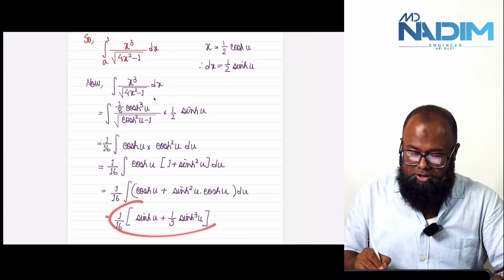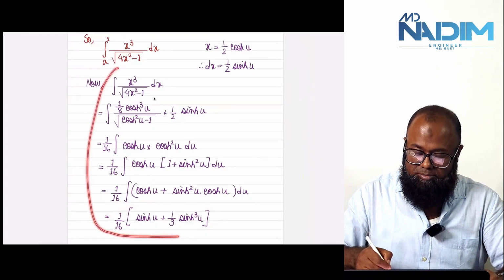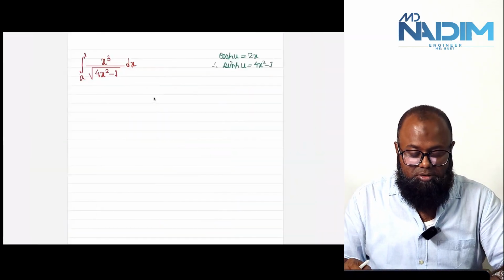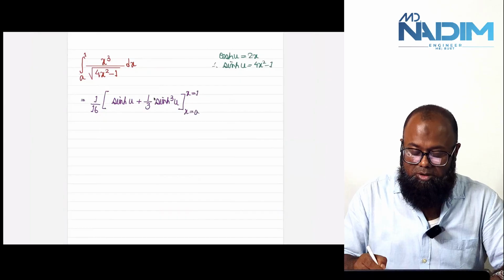So this is our integration here. Now you can see that I didn't put the limits here. I have finished the integration. Now I'll put the limits here.